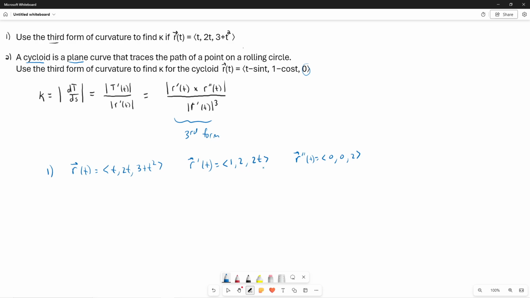So then we need the cross product of these two vectors, r prime cross r double prime.